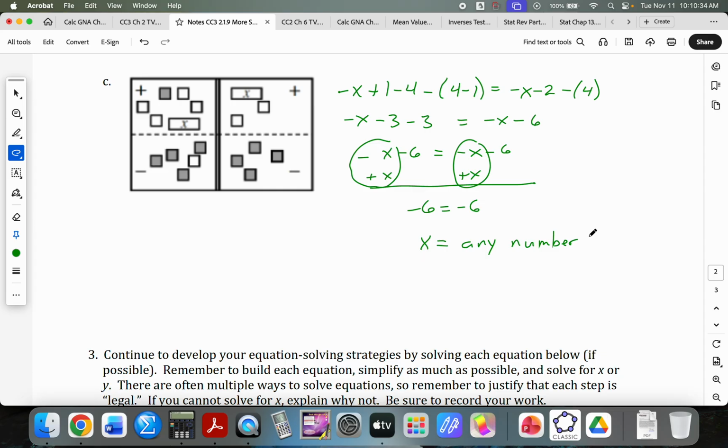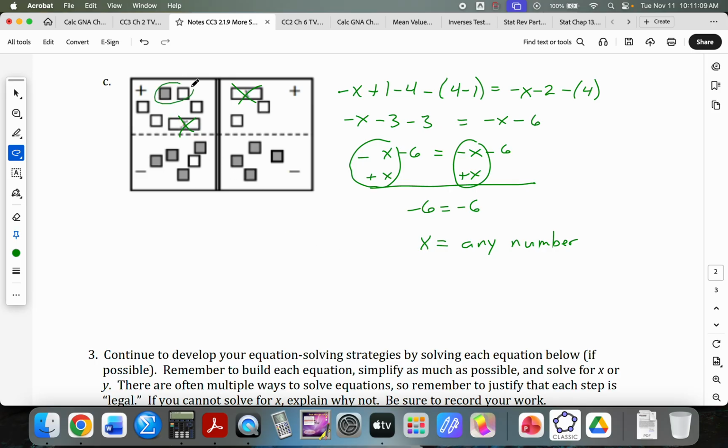So it's solvable? It's not solvable, it's equal. So, yeah, I would say that it's solvable, but it doesn't have just one solution. You could put in any number for x and the two sides would still be equal to one another. Because, look at this. What if I just remove the negative x from both sides?